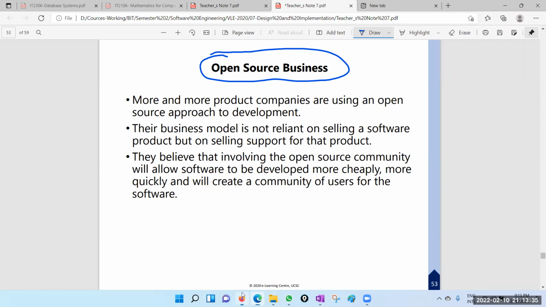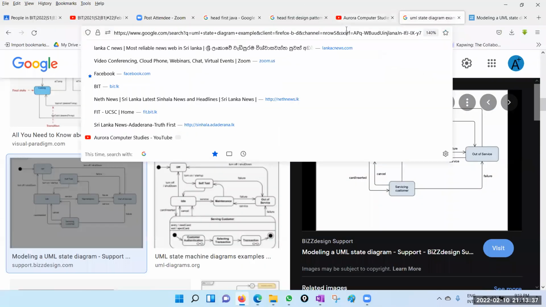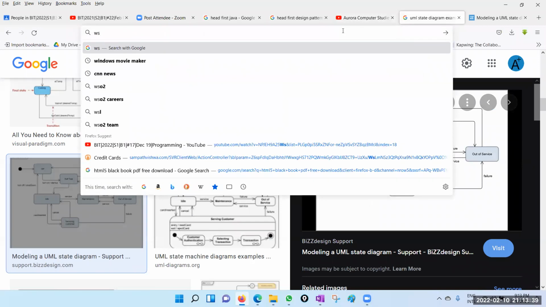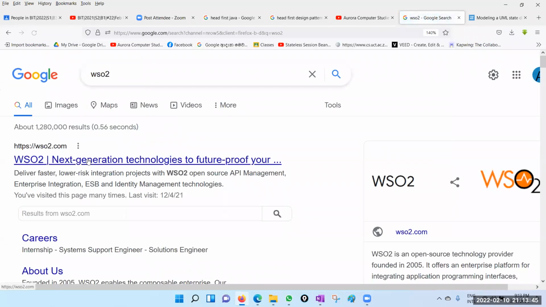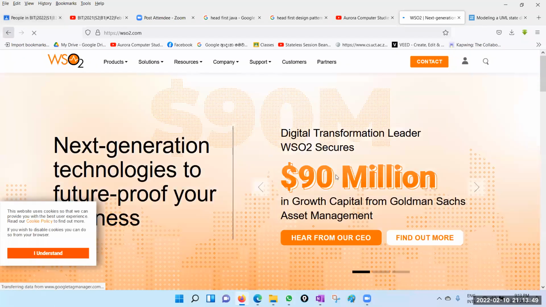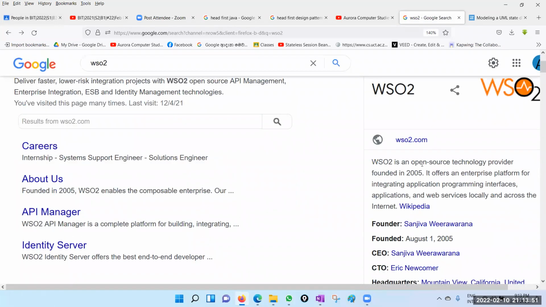A very good example in Sri Lanka is WSO2. WSO2 is an open source business organization. You can see here, WSO2 is an open source technology provider founded in 2005.